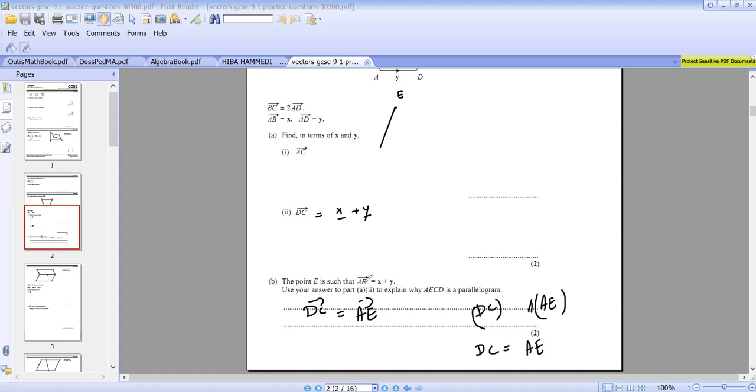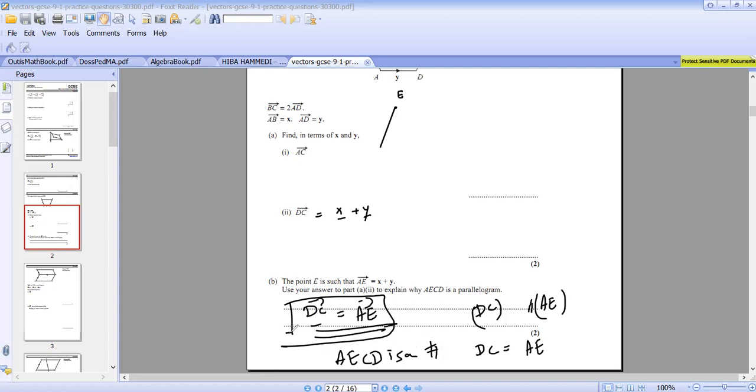Well, one of the ways to show a parallelogram is that if you have two opposite sides or two opposite vectors that are equal. So this is exactly what happened here. I have AECD is a parallelogram because I have this equality, right?